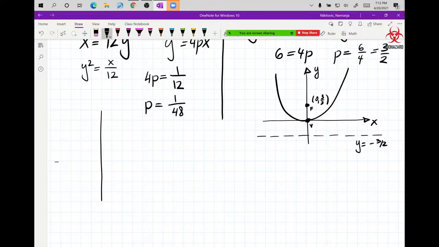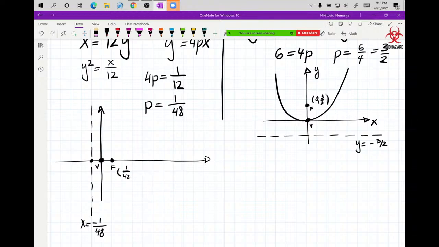We have our sideways parabola. We have it centered at the origin. Again, that's our vertex. And 1 over 48. I'm just going to call this line, this is going to be now x equals negative 1 over 48. That's that line. And here is the focal point, F, with coordinates of positive 1 over 48, comma, 0.